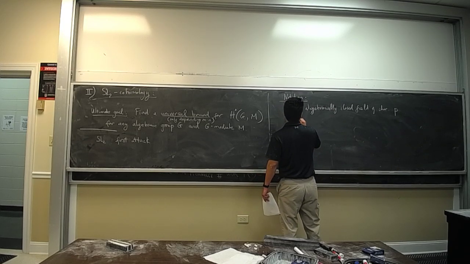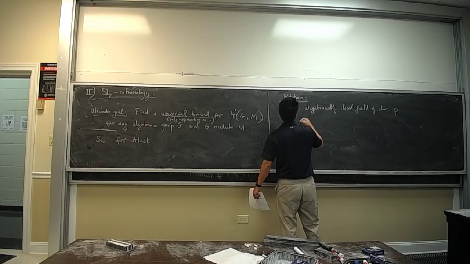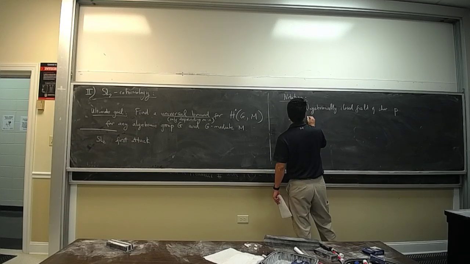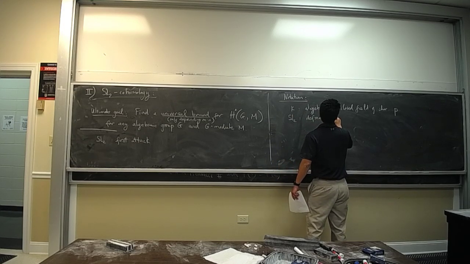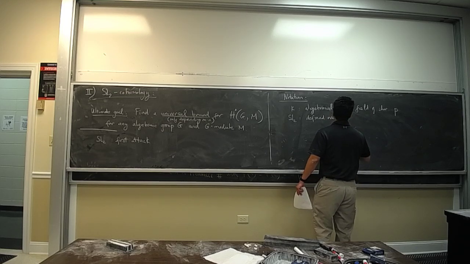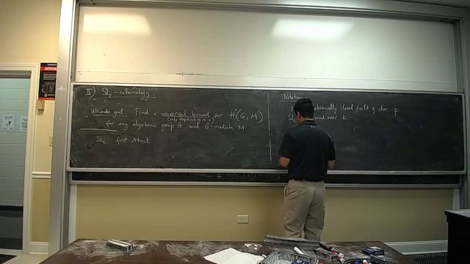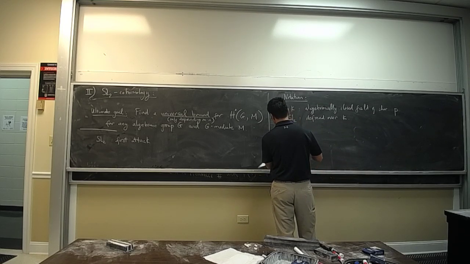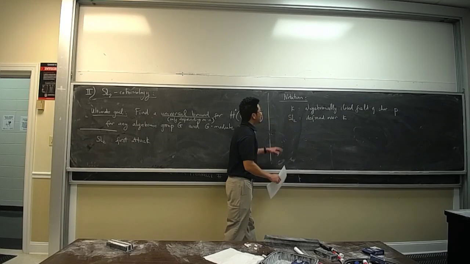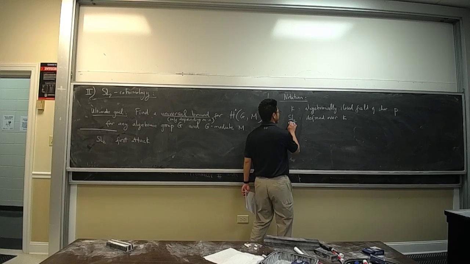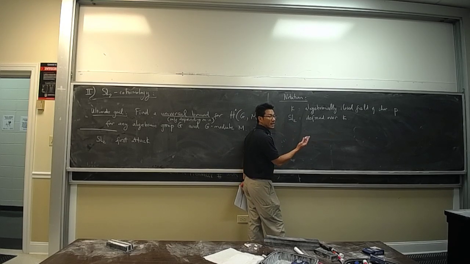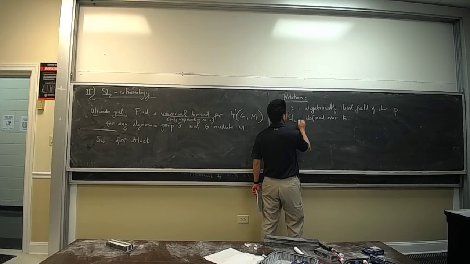SL2 is the algebraic group or group scheme defined over K. In the SL2 situation, we have a very nice structure for the Weyl lattice and the dominant Weyl lattice.